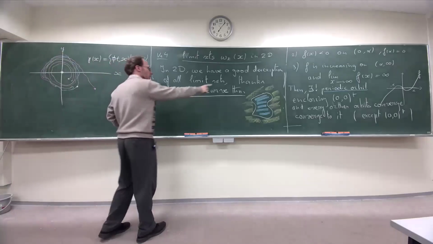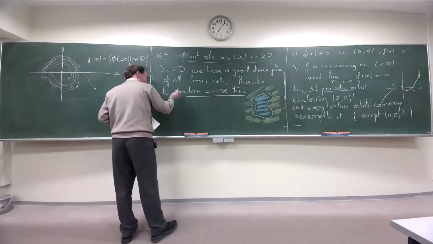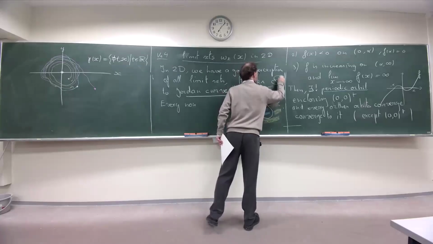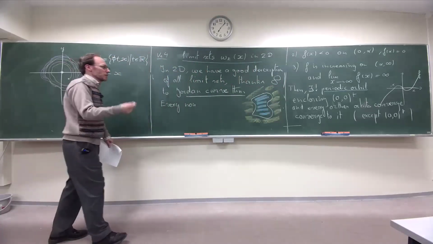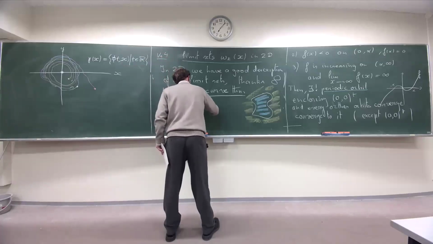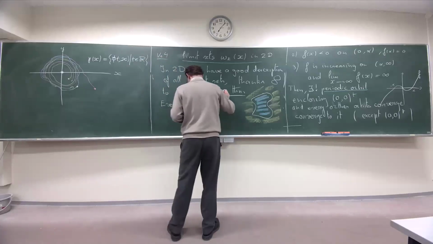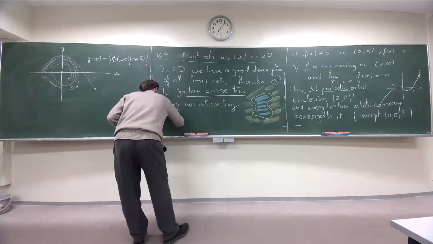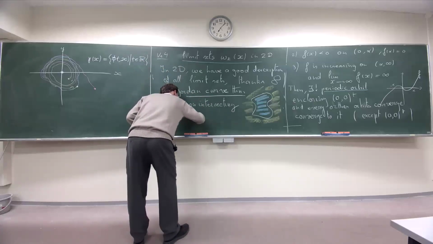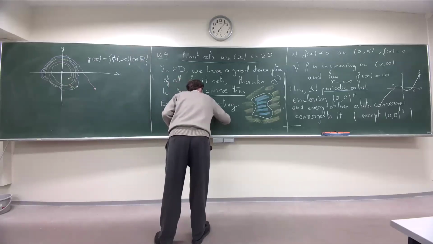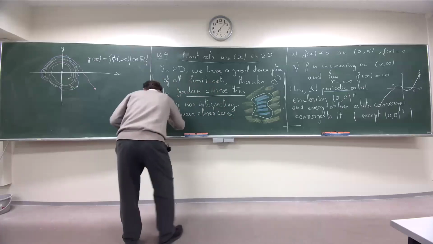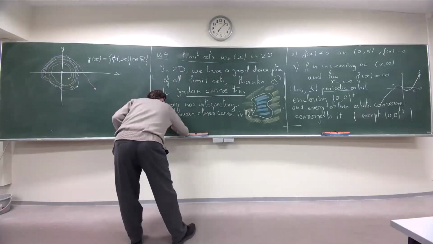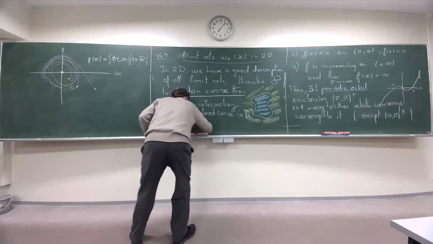So what is this Jordan curve theorem? I already made the pictures, but the statement is that every non-intersecting continuous closed curve in R2, and this is only true in R2, divides R2 into 2 regions.